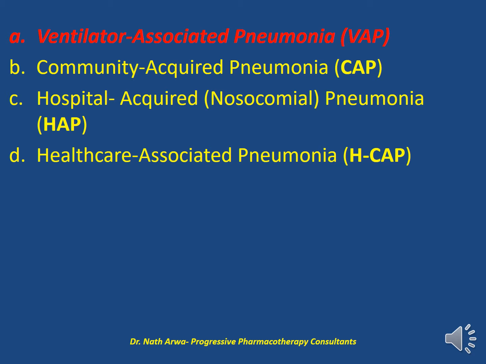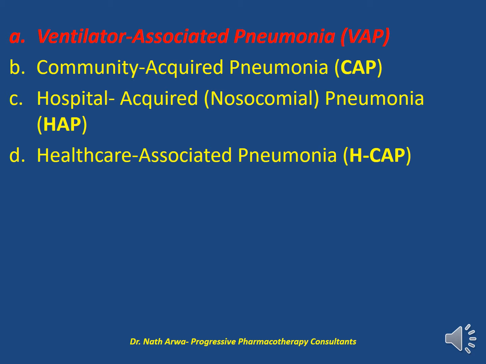Now, answer C, in my opinion, is not correct, because a VAP diagnosis takes precedence over HAP when the pneumonia develops more than 48 hours after mechanical ventilation is initiated. And answer D, in my opinion, is incorrect.